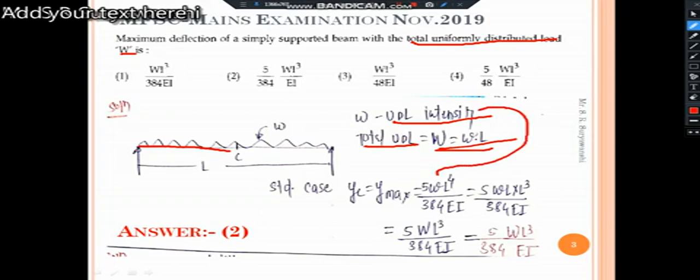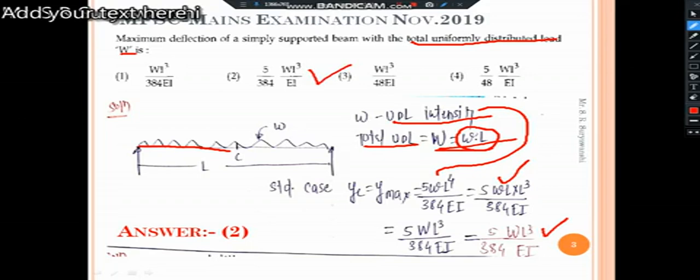But here they have given the total UDL load, that is capital W. So we have to replace the UDL intensity times L, that is small wL, with capital W. Now the formula changes to 5 capital W, the total UDL load, into L cube divided by 384 EI. So option second is the correct answer.